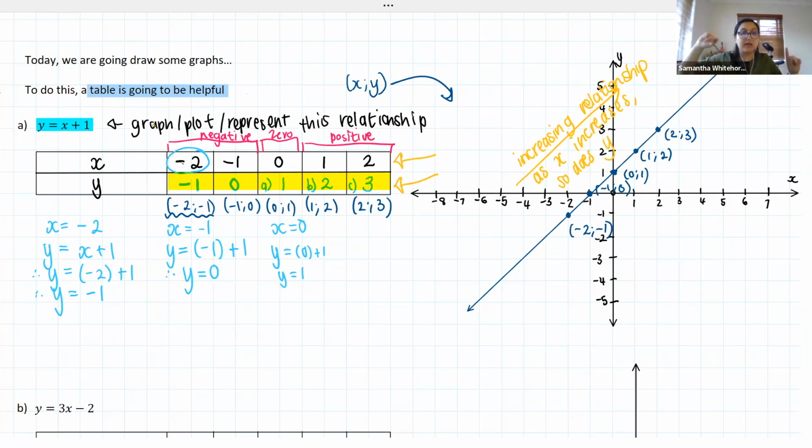And that line now shows that relationship. So it's really important that once we've drawn the graph, we go back and see the relation to the equation or even the table. It's increasing, it shows that relationship. And so we have been able to visually represent the equation y equals x plus 1.